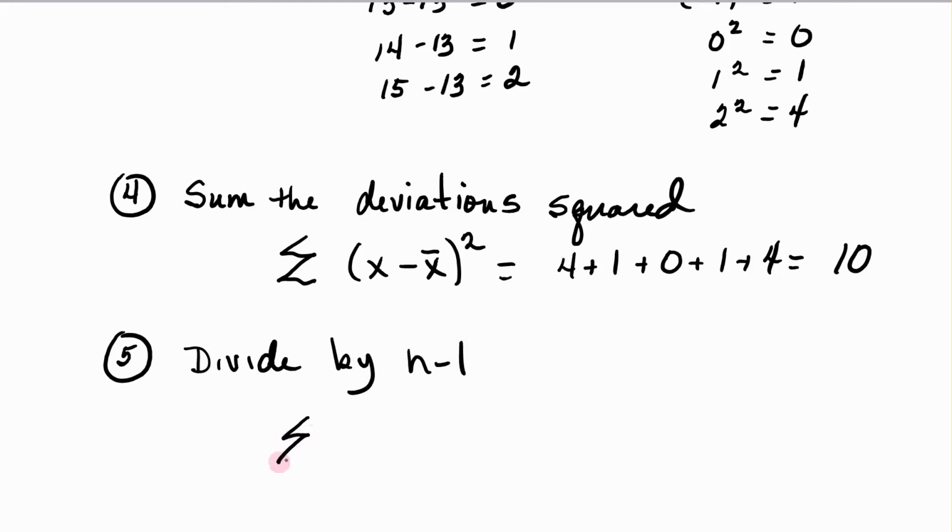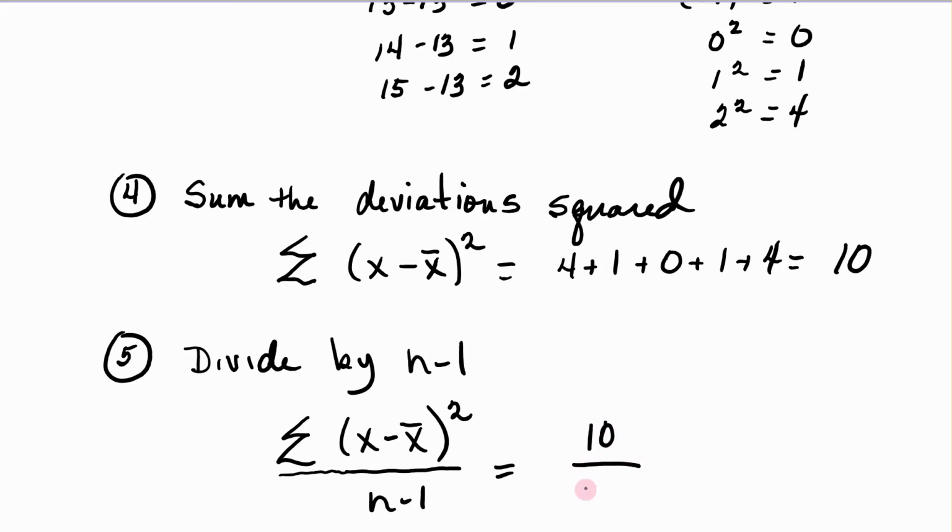So it is the sum of the deviations from the mean squared divided by n minus 1. So it is 10 divided by, there were 5 items, so that's 5 minus 1. That is 10 divided by 4, which is 2.5. Now I'm not quite finished. I have one more step.